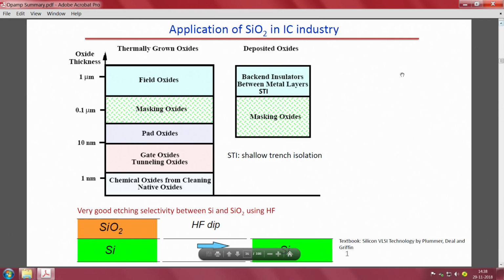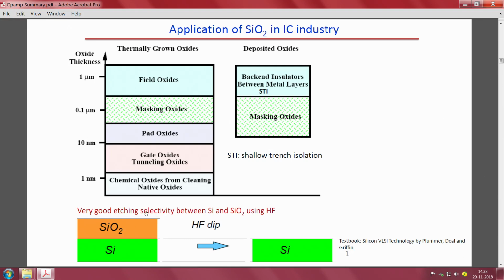Now, what we are seeing here is the masking oxide. Same way we can use it as a field oxide, we can use it as a gate oxide, where there is a thin layer of oxide in a MOSFET, and then what we see here is a very good etch selectivity between silicon and silicon dioxide.